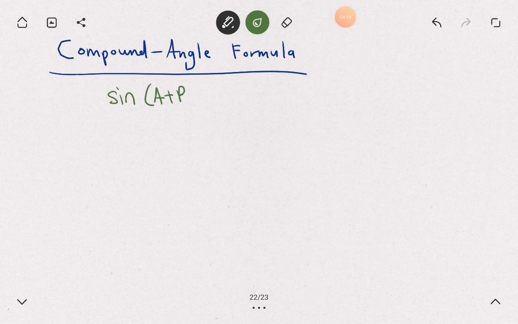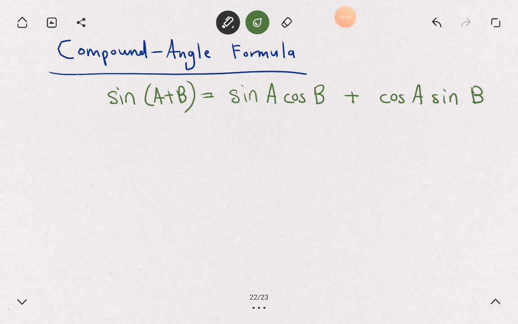Sine of A plus B is sine A cosine B plus cosine A sine B. All right, okay. And another thing is that for sine A minus B, okay, let's just go back.